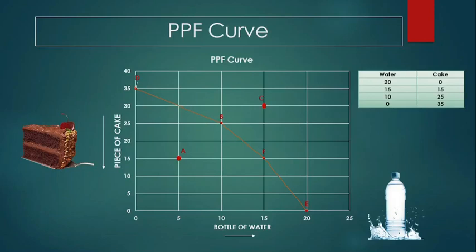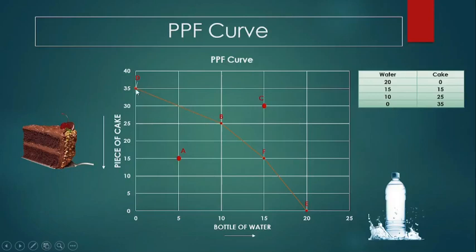So we reduce 5 units and come to 15 bottles of water and we can produce 15 units of cake. Then we also reduce 5 units and come to 10 units of water and we produce 25 units of cake. And at last we can say that here we have produced 35 units of cake which is the maximum, and at that time we cannot produce any units of water just because of the scarcity of our resources.